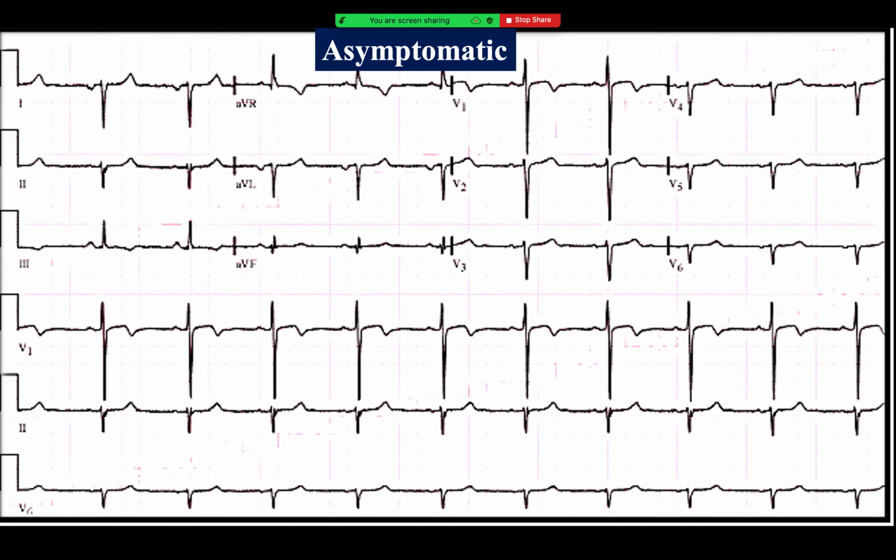I want to give you time of at least 2 minutes. Think about it and tell me. See, I'm not interested in the diagnosis. It's okay, it doesn't matter if you don't tell me the diagnosis, but at least tell me the findings. What do you notice? This was a young female patient who had just come for her routine checkup and all. She didn't have any problems. And you did the ECG and you came across this. Is this ECG fine or anything would you like to say?